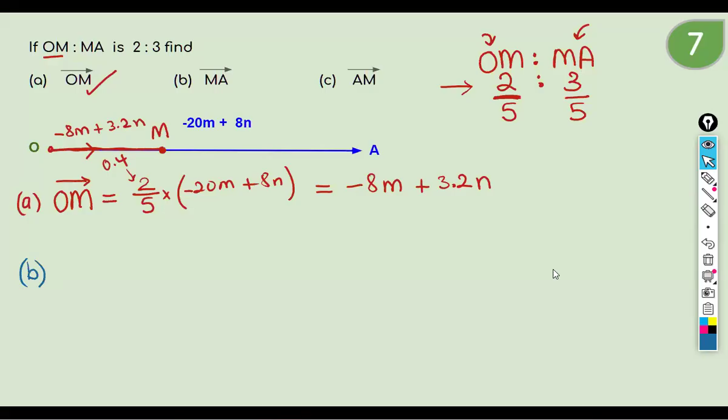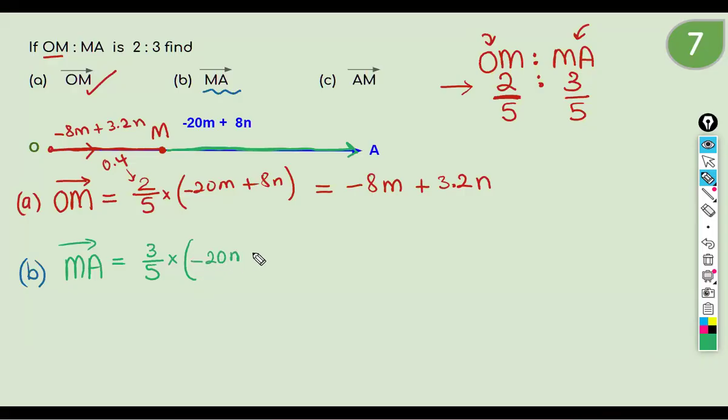Now, we can do part B just as easily, right? MA is just the other portion, and they're going in the same direction, so we don't have any sign changes to make. MA could be the green portion here. I will highlight it. MA is 3/5 of the line. So we're repeating the same procedure, except instead of using 2/5, we're using 3/5.